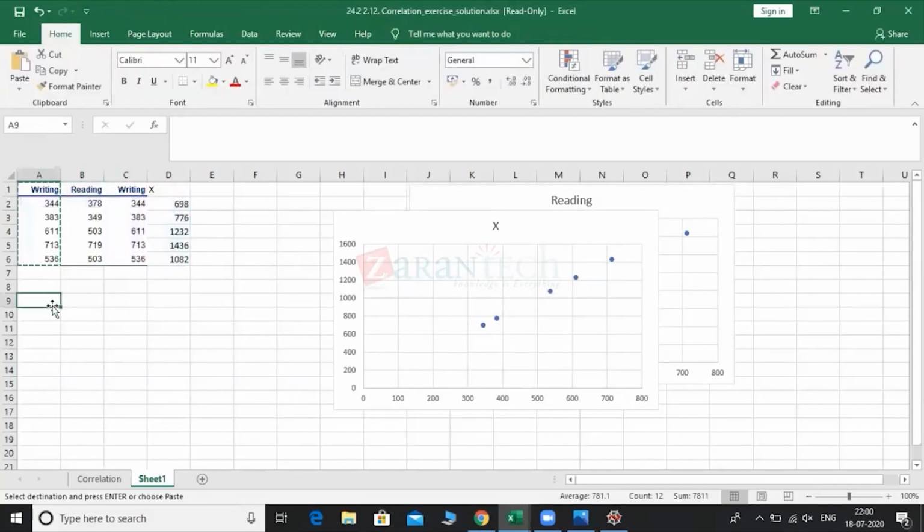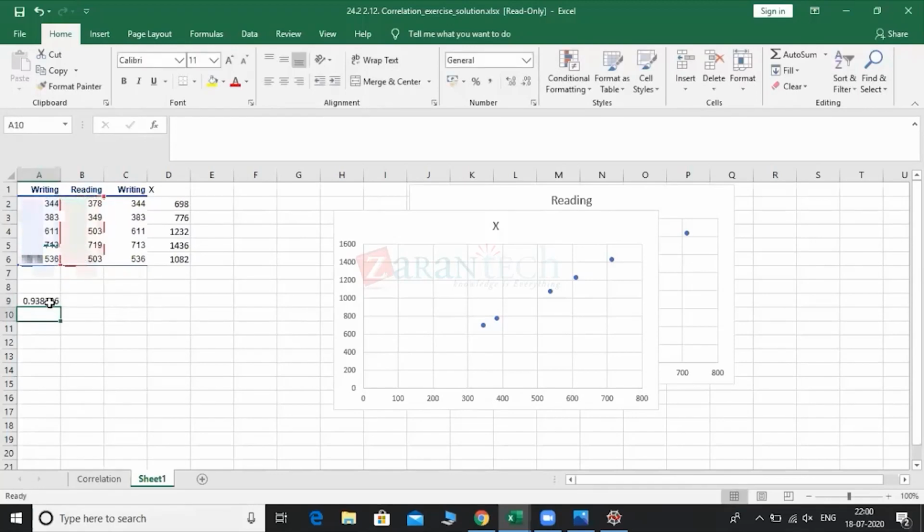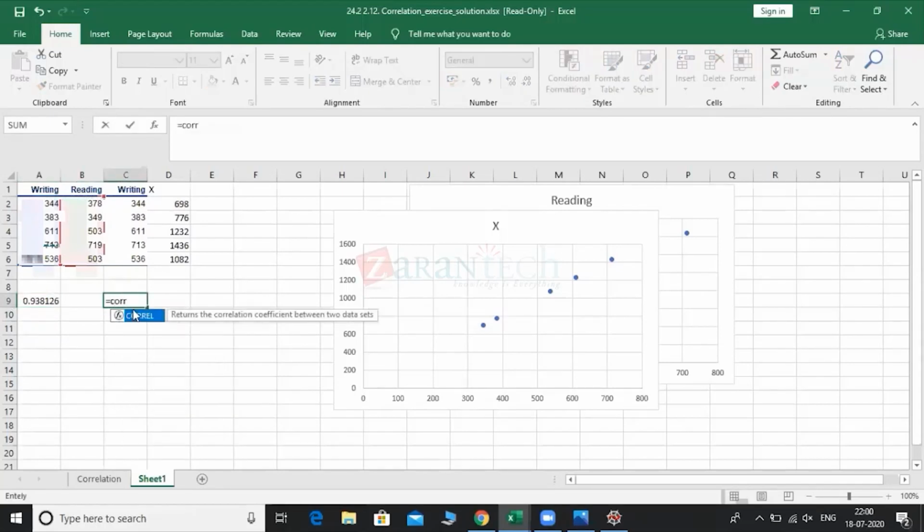For an example, we pass this number and we pass this number, which is 94.93. And in this case, how will the correlation be? This, comma this.